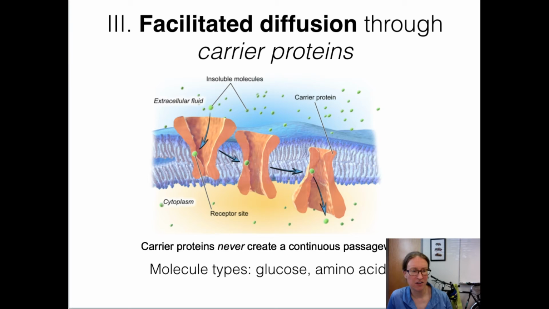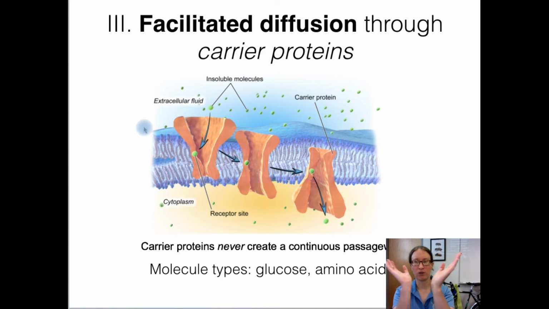The next type of carrier-mediated transport, passive transport, is called facilitated diffusion. And at first, facilitated diffusion might look a lot like an ion channel, but there's an important difference, which I'm trying to illustrate here, and that is that there's never an open channel present in one of these proteins.